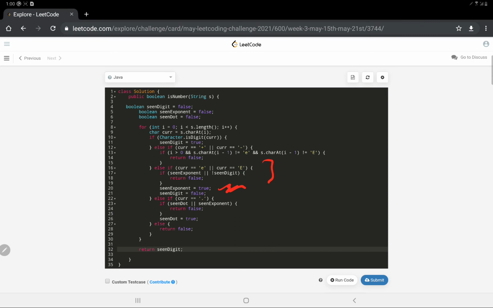And now if the current character is a dot, if the dot was seen previously or if the exponent is seen as well, then we simply return false. Because after an exponent we don't expect a dot, like 1e.5. I don't think that's a valid case.